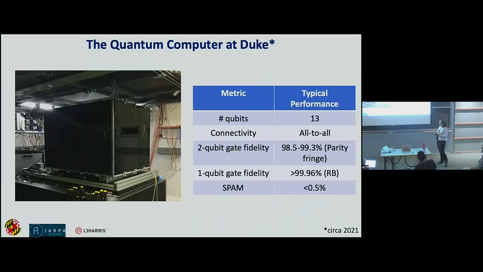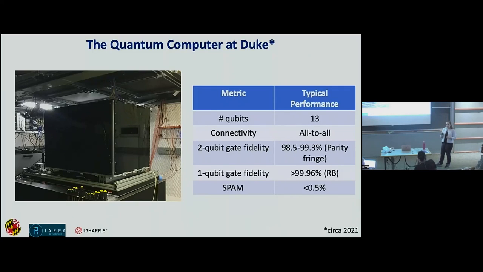Okay, so this is kind of a summary picture of our operations in the system. And of course, this is from a year ago now, since before we moved. So big caveat on all this. But we typically are working with 13 qubits. It's a 15-ion chain with 13 usable qubits. All-to-all connectivity.